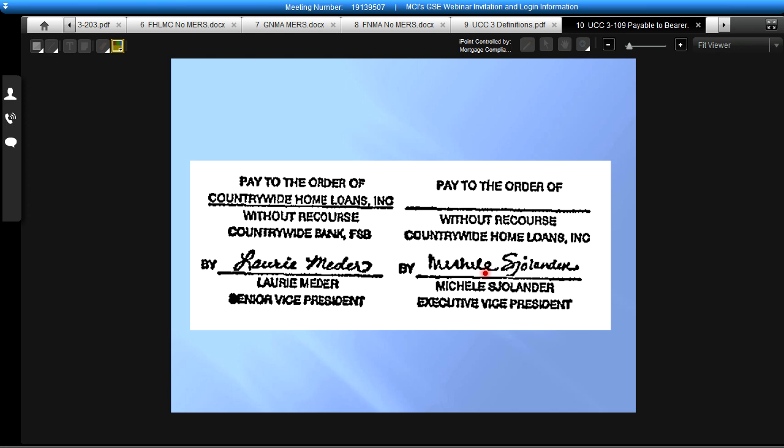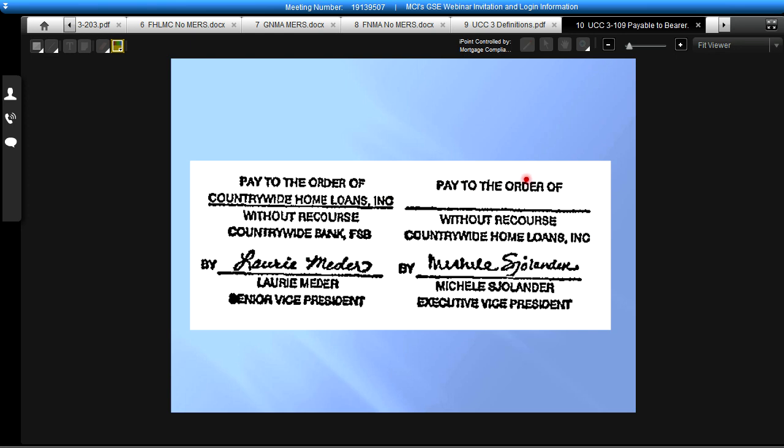Countrywide Home Loans, Inc., along with signing away all rights to the Doe note, wrote instructions that made its intention of negotiation clear. Pay to the order of. You can't be any more clear than that.